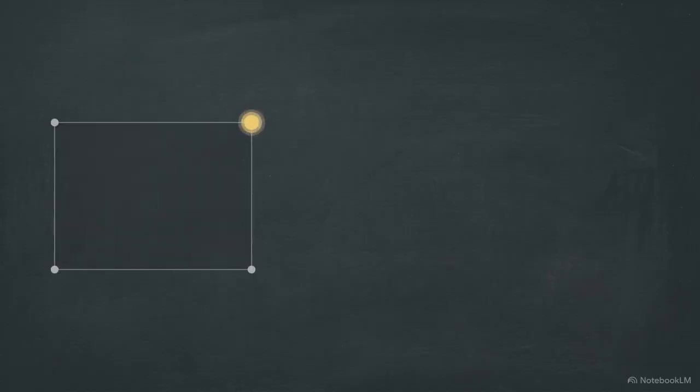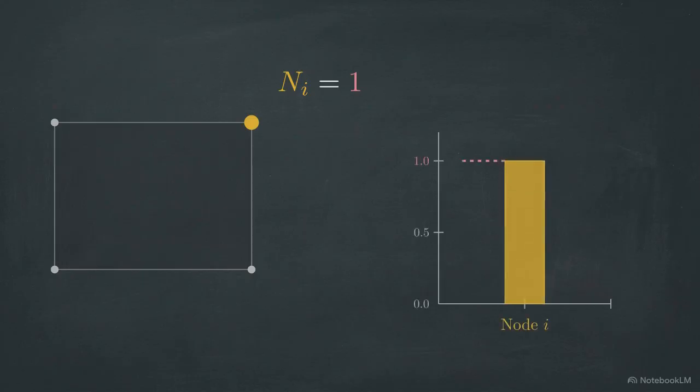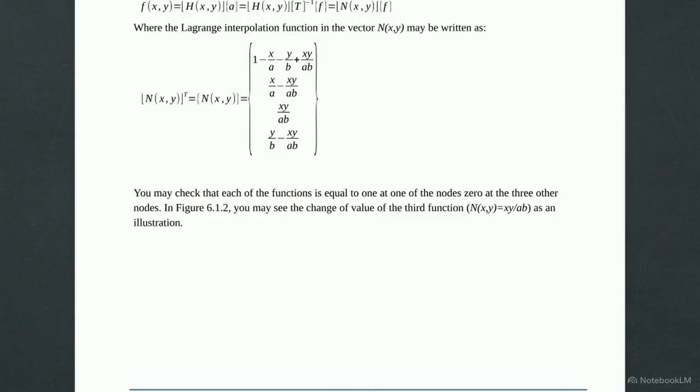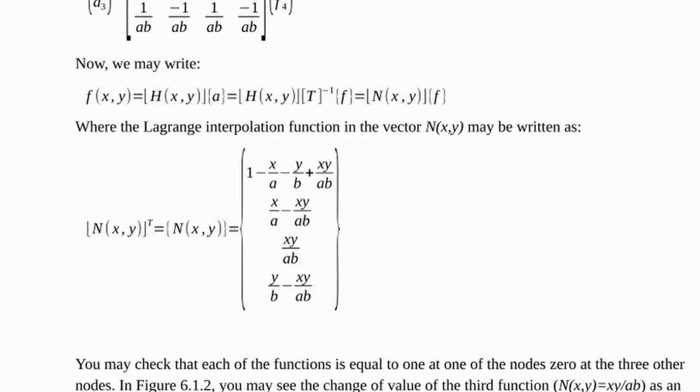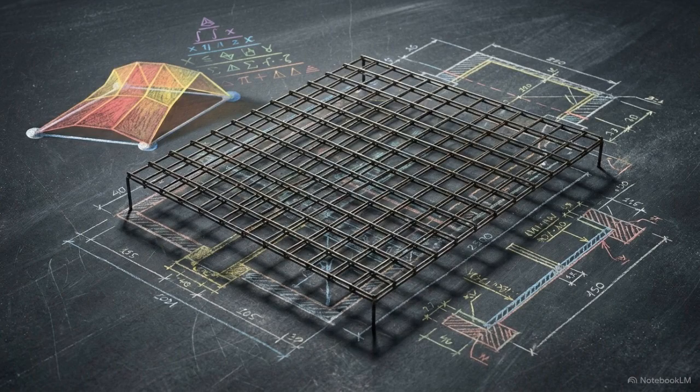The first half of this property states that a shape function must evaluate to exactly 1 at its designated home node. The second half dictates that the function must simultaneously evaluate to exactly 0 at the other three nodes. To test this property, we isolate the third function in the vector, N3, which equals x times y divided by A times B. These matrix formulas dictate the topographic behavior of the element's interior through rigid geometric rules.